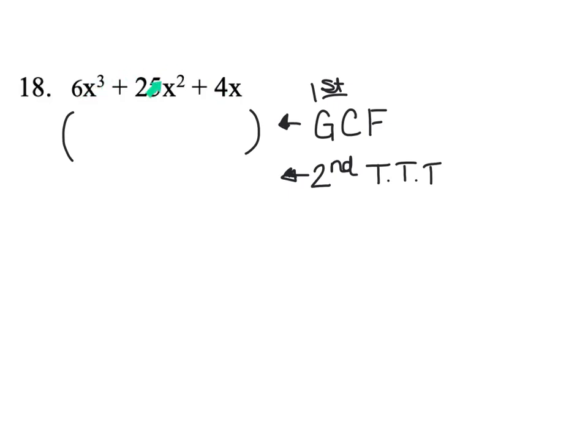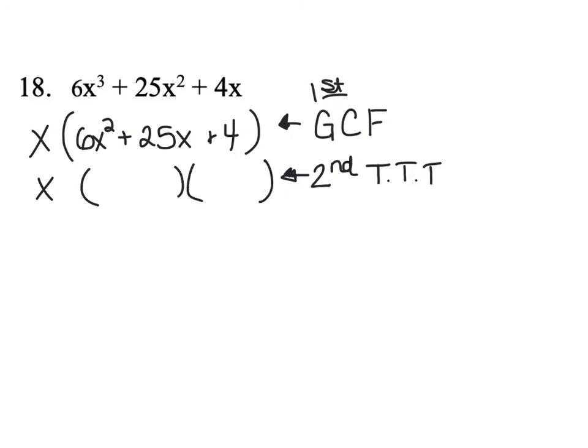They need to go quadratic, linear, no variable at all. So I'm going to begin by factoring out x, which is my GCF, which gives me 6x squared plus 25x plus 4. Now, this potentially factors again, since it's a trinomial, using my tic-tac-toe method.